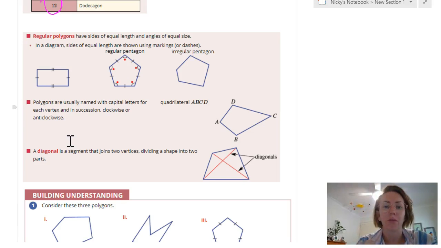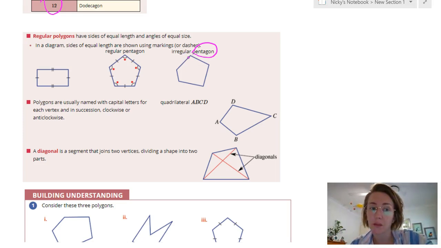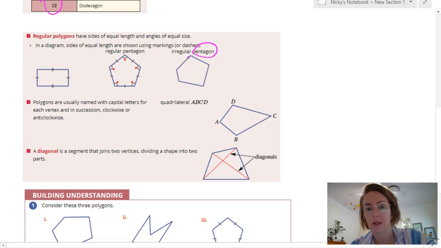An irregular polygon, in this case a pentagon, a 5-sided shape, has different lengths of sides, but there are still 5 in this example, and because the sides are different lengths, the angles are different sizes as well.